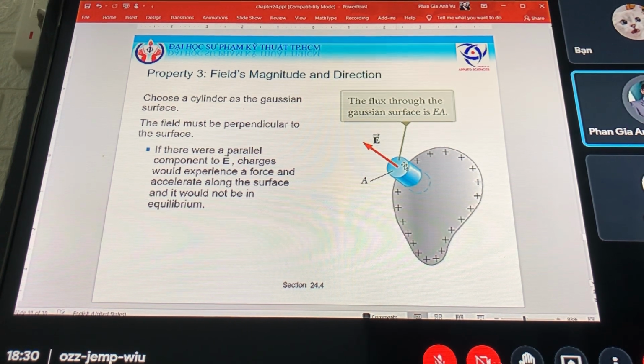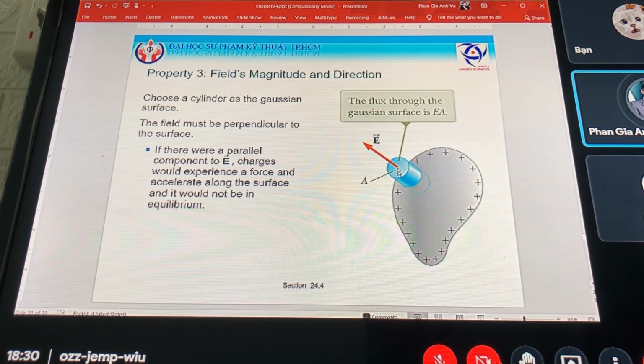Then you can calculate the electric field at this surface. Assume that the surface is very small, so the charge inside this can is only A multiplied with sigma. Sigma is the charge density at this position. So sigma multiplied with A. And here, because this is very small, E will be perpendicular to the area.